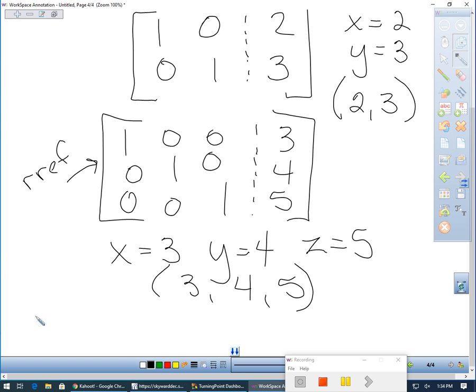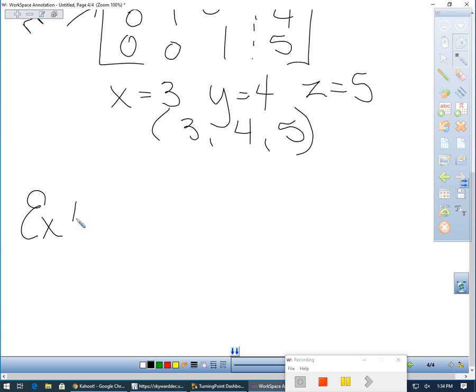What this is called is reduced row echelon. That's what it stands for. I know it's a big word. You're not going to learn how to do it by hand until next year. Your calculator is going to do it for you now. Once you learn how to do this, you can use this on the SAT. You can actually solve systems by plugging it into a matrix in your calculator. So, here's what we're going to do.